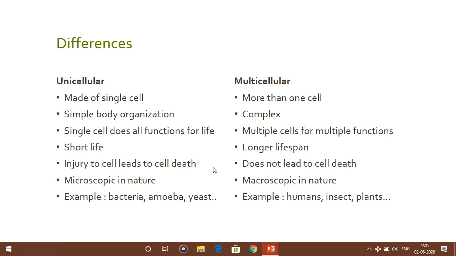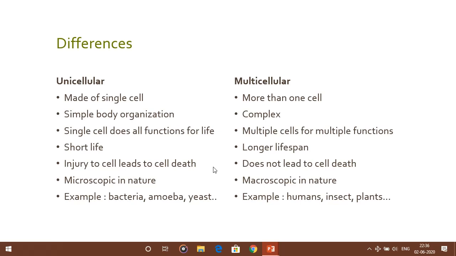And next is the short life of the unicellular, which is a long lifespan for the multicellular. Injury leads to cell death in unicellular organisms. It does not happen in multicellular. Microscopic nature of the unicellular means it is very small and can only be observed through a microscope. And macroscopic is the exact term for multicellular organisms, meaning they do not need a microscope to be observed.